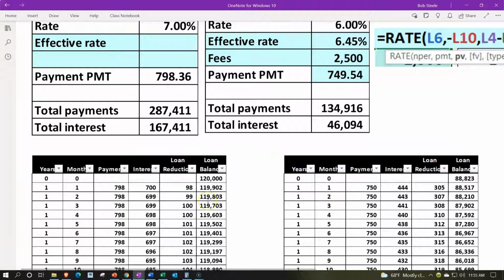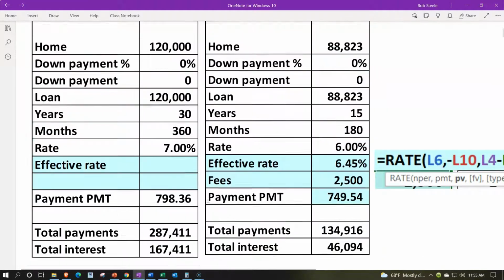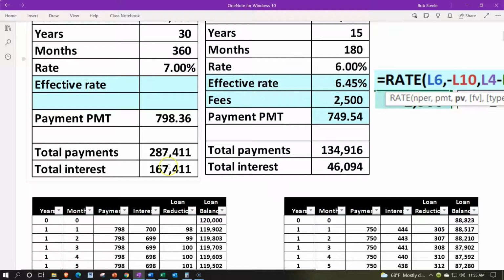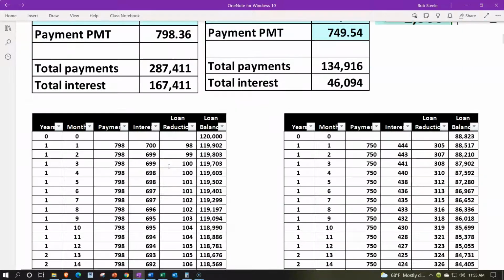Now, if we were to map out these two amortization tables, the first one, we started at the 30-year loan, and we had the payments, which were calculated up top, the rate then using the 7% to calculate out. It would then be fully amortized after the 30 years.